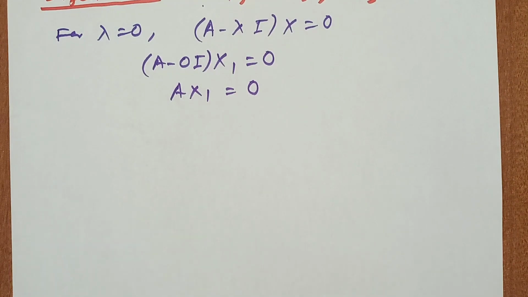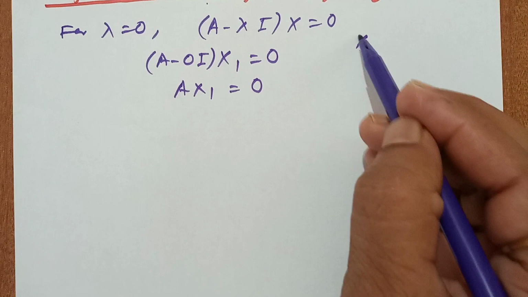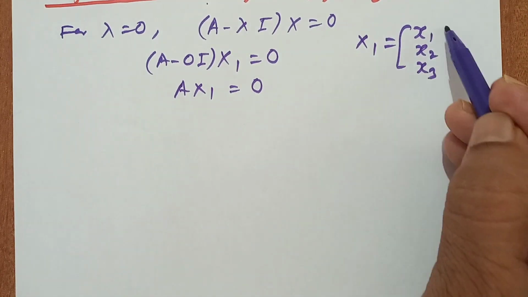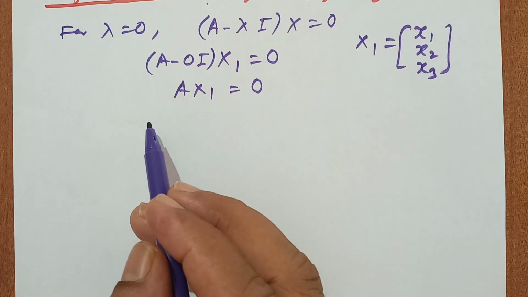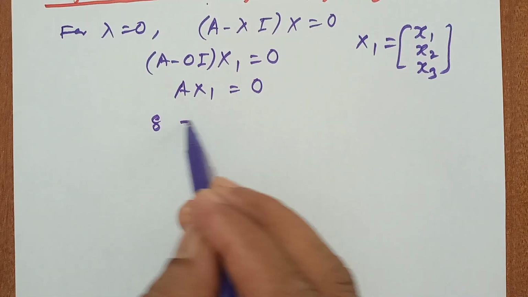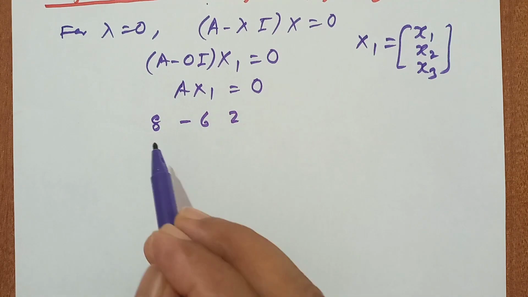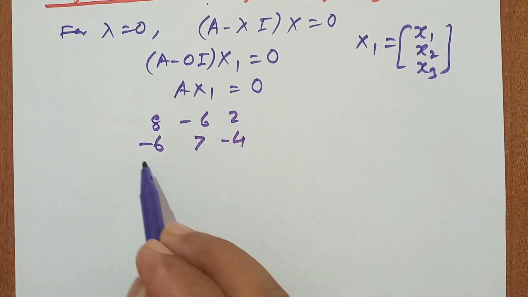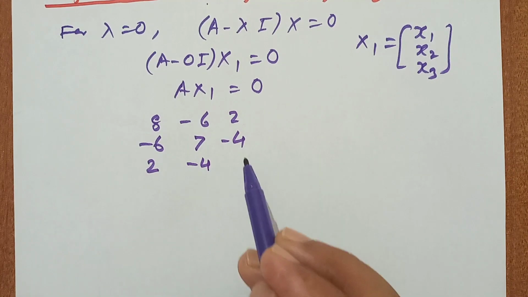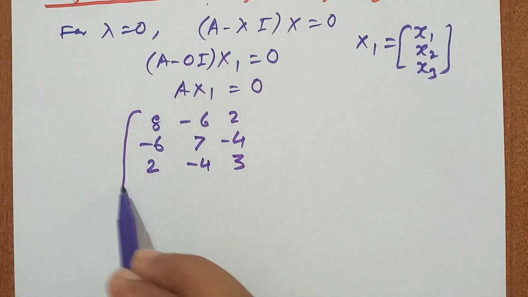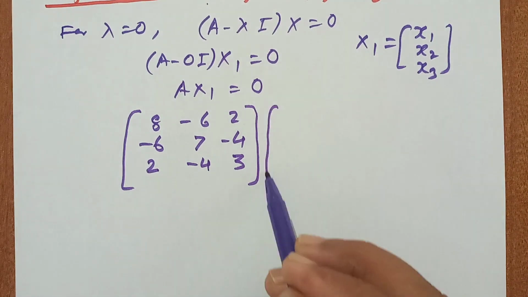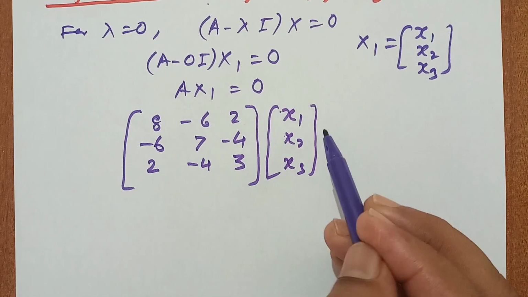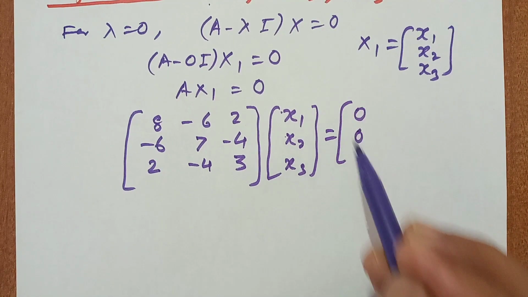So what is A? Here x1 is equal to x1, x2 and x3. A is 8 minus 6 2, minus 6 7 minus 4, 2 minus 4 3, and x1, x2, x3 equal to 0 0 0.